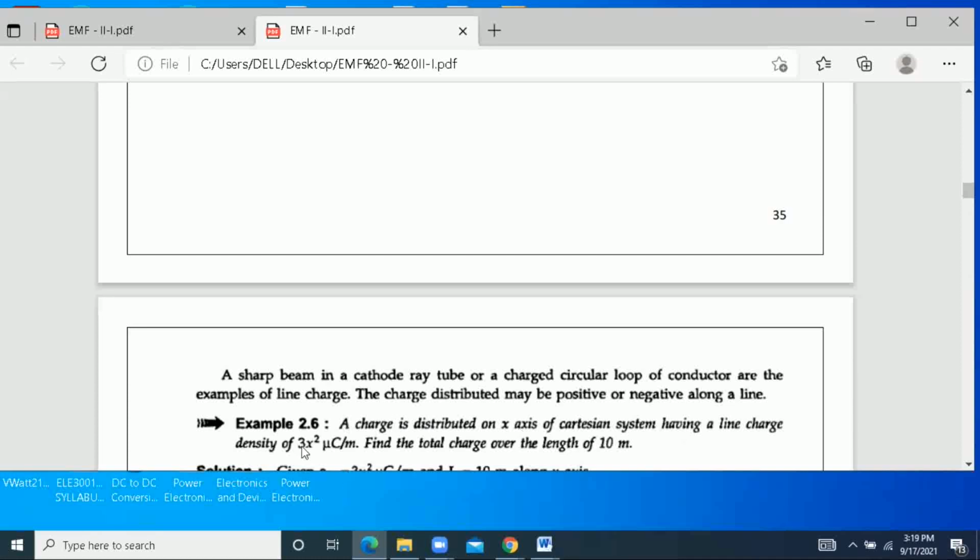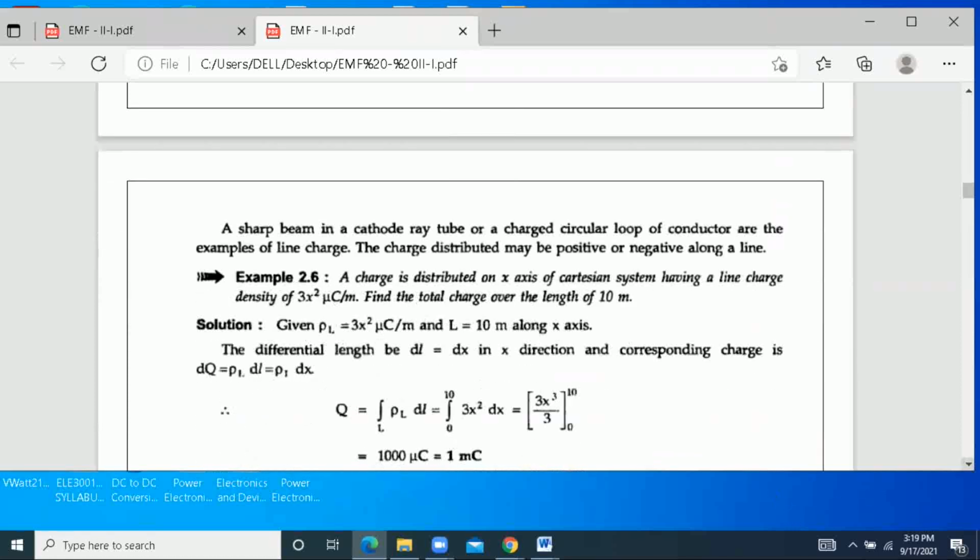You have a charge per meter, and you have the length. What's the total charge? Charge per meter times the length, 30. Given rho L equals 3x squared, and L is along the x-axis, your differential length is dx.